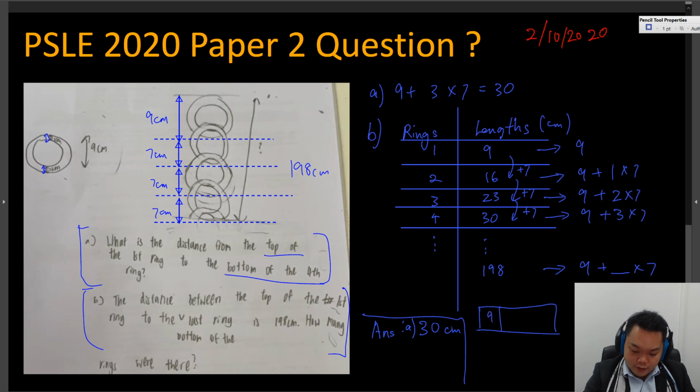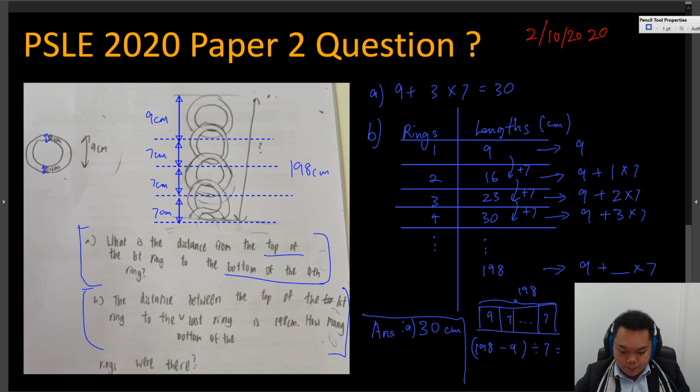You have a 9 and several 7s that form up a total length of 198. So based on this, what would you do to find out the number of rings? This will be 198, remove the 9, and divide it by 7 first.